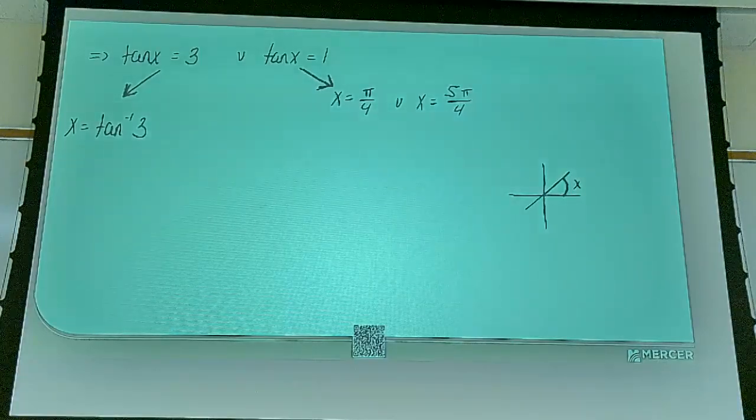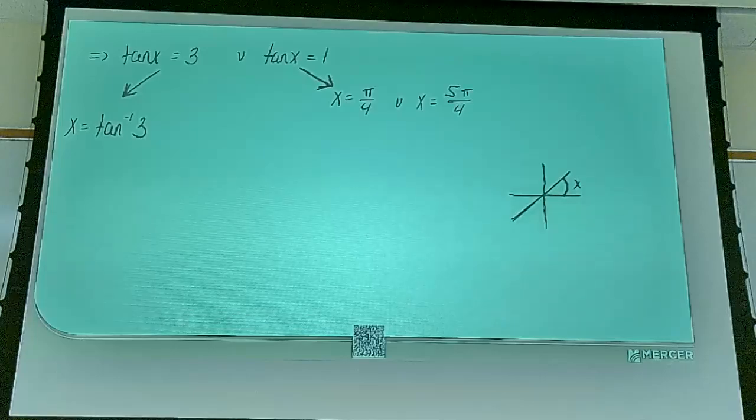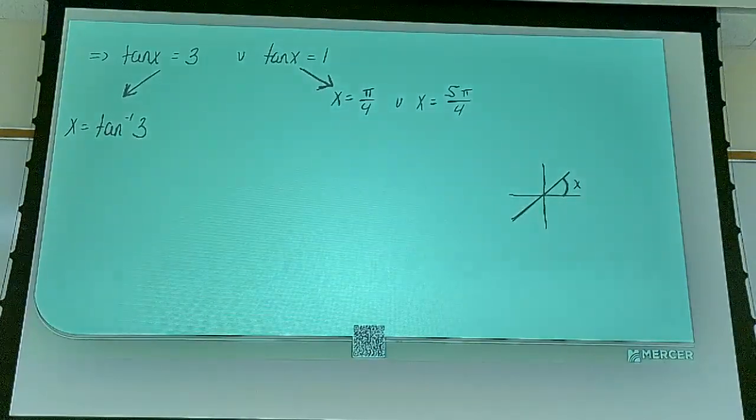Well, if you look, that angle there is also x. But that's not what we want. We want it to be between 0 and 2 pi. X is between 0 and pi over 2. We want that angle. What is that angle?